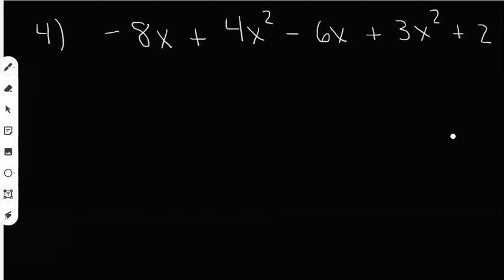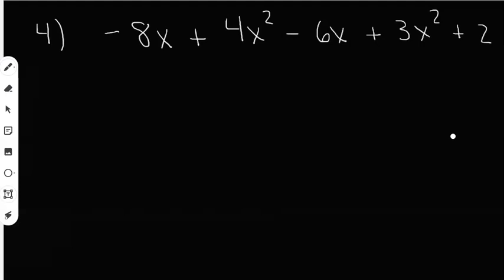All right, copy down number 4. And then you're going to underline the first 2 like terms that you see. Now, I always like to start off with the highest exponent first. The highest exponent is going to be this 2 right here. So I would start there.